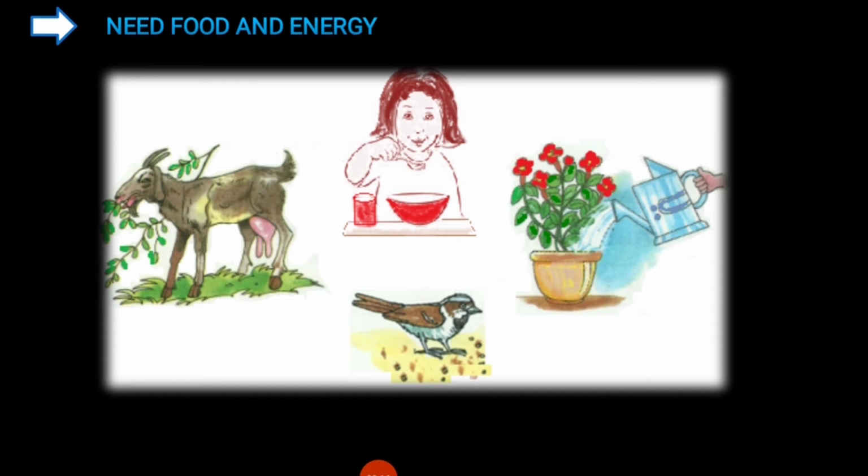However, plants take energy from the sun and make their food using water and carbon dioxide. The process of preparing the food by the green plants is known as photosynthesis.